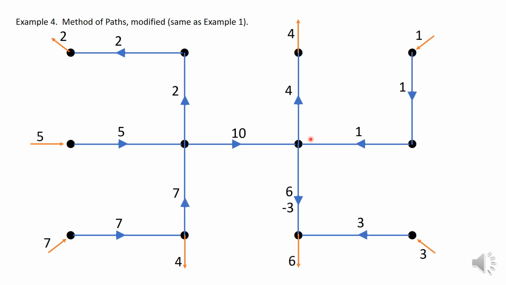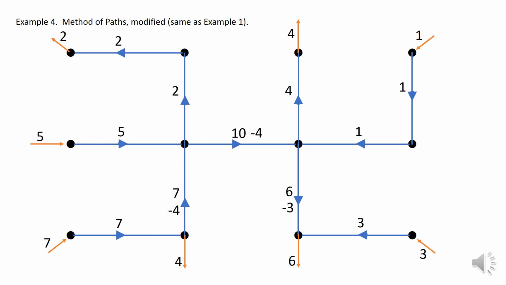So the 1 and the 3 will add up here, and I will send that across this branch so it becomes -4, and then down this branch so it becomes a -4, and finally out. So this 1 and the 3 merge into 4 and flow out here.